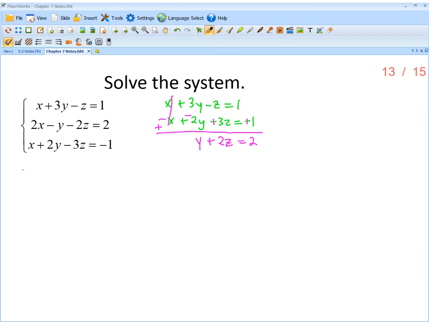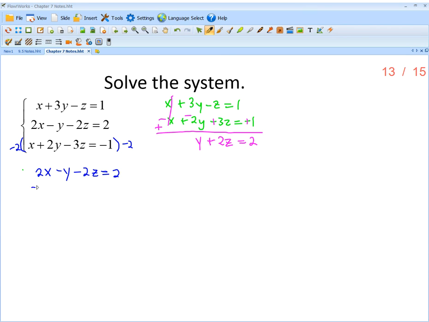Okay, so now I have to go back to the other equations and eliminate the x as well. I can either use the first and the second or the second and the third. I'm going to eliminate the x with the middle one. So I'll rewrite 2x minus y minus 2z is equal to 2.